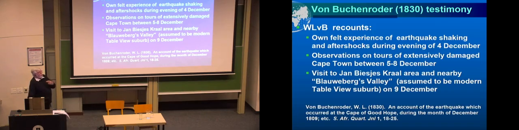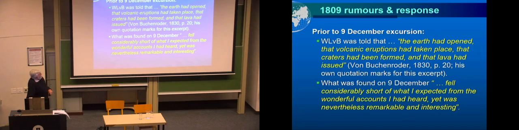He then went through the town studiously recording the kinds of damage that he observed, interviewing people, making observations about their experience. And then he visited the actual, what we would call the epicentral area near Milnerton, and made various observations. And that was reported in 1830, obviously some 20 years or more after the event.